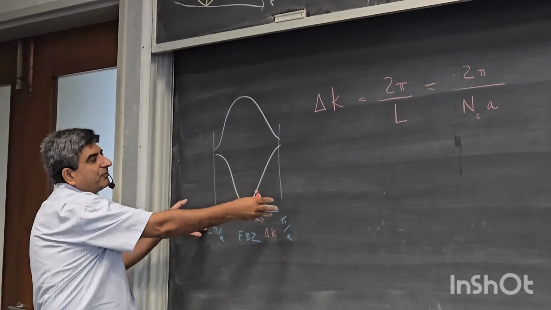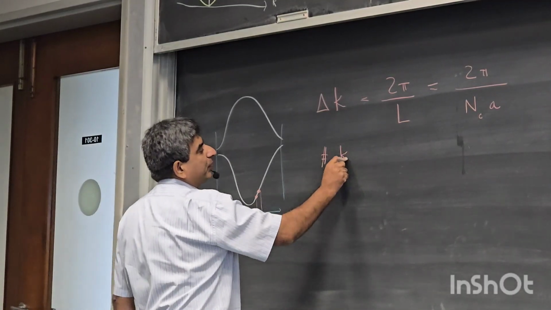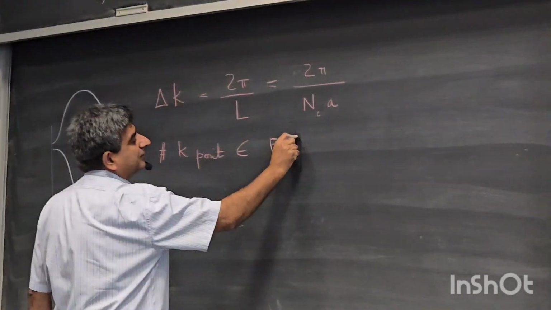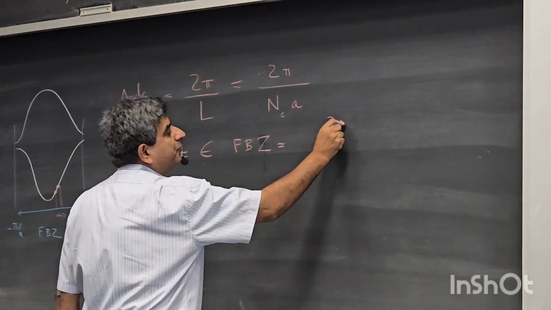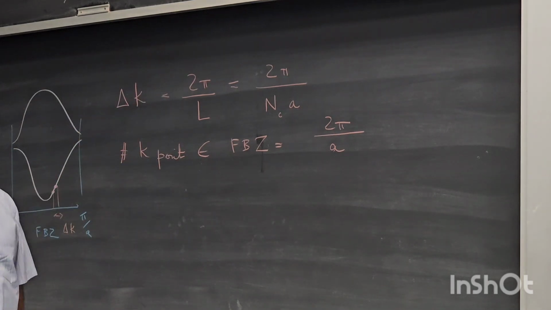So what's the total number of points inside the first Brillouin zone? The number of k points inside the first Brillouin zone is 2 pi over a divided by delta k.